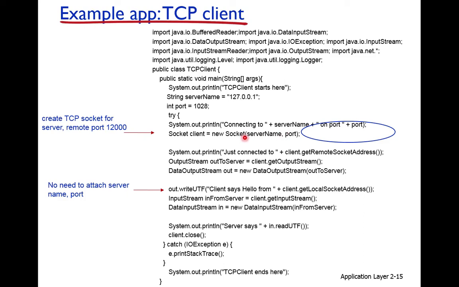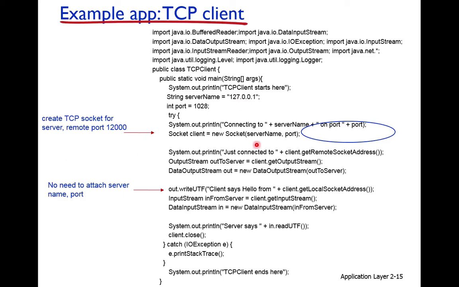In this server name variable, the IP address 127.0.0.1 is stored. This is the loopback address, because I am running the client and server on the same machine. This is also called localhost, and it is available in every system.